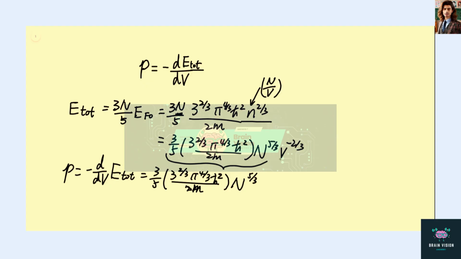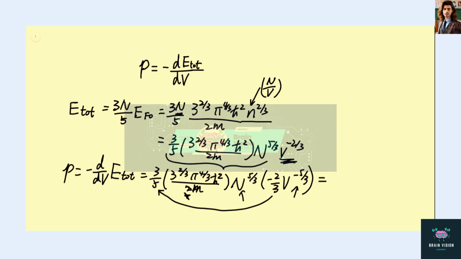But the last part, the volume, which is what the derivative is taken with respect to, will become negative 2 over 3 times V to the negative 5 over 3. So now it becomes 5 over 3 as well, and N is to the 5 over 3. We can put them together again, and we can put negative 2 over 3 to the front. The 3 will cancel. It will become negative 2 over 5. And the 2 will also cancel with this 2 in the denominator.